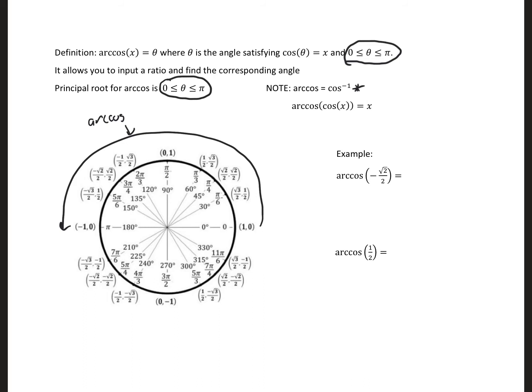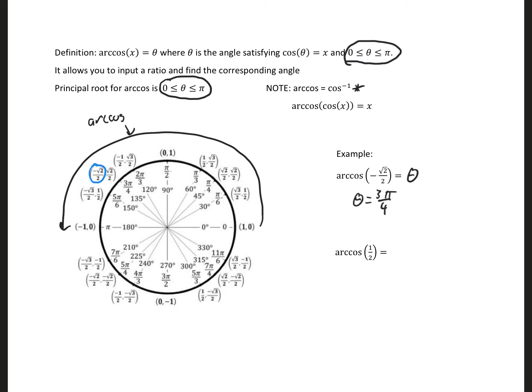So if I want to know arc cosine of negative square root of 2 over 2, this is going to give us a theta. We only look in the top region of the unit circle. So we're only going to use this value for theta. That would be 3 pi over 4.